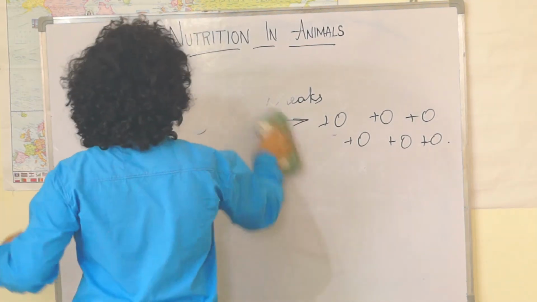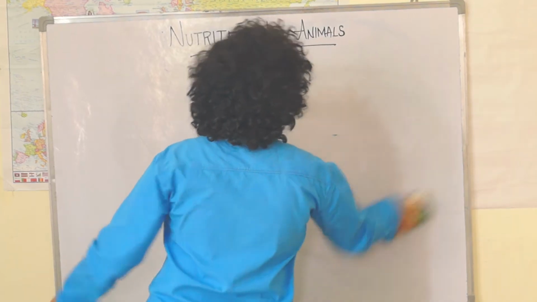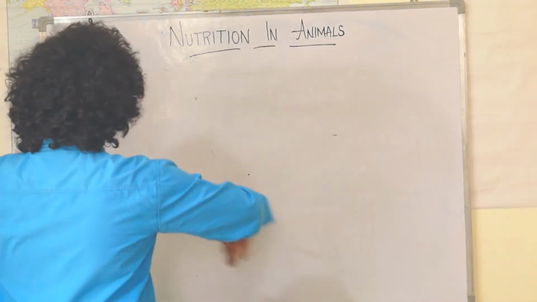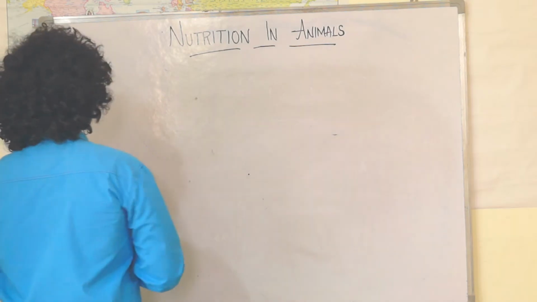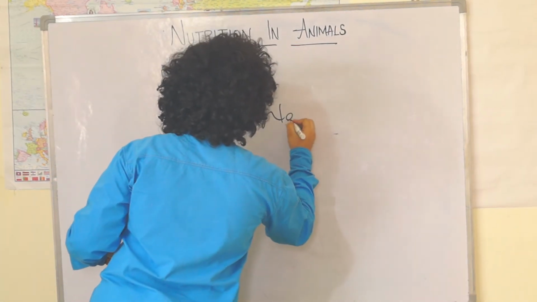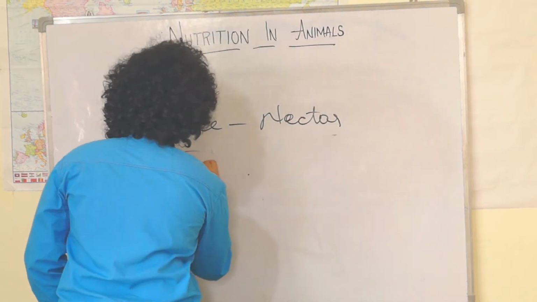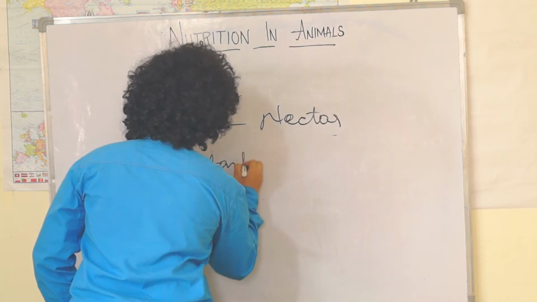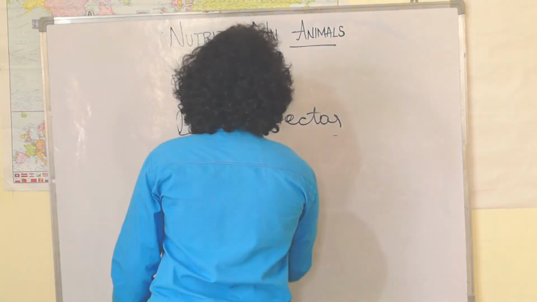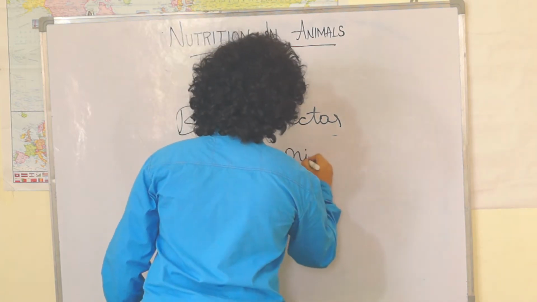And now let's see different types of animals that take different modes of nutrition. For example, we have the bee. So this bee sucks nectar from the plants. So the mode of nutrition for the bee is sucking, or else taking the nectar from the plants.